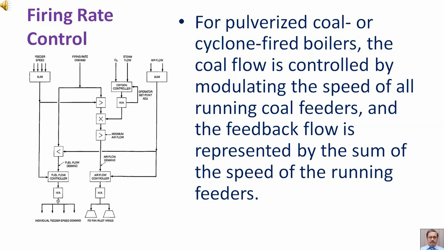For pulverized coal or cyclone fired boilers, the coal flow is controlled by modulating the speed of all running coal feeders, and the feedback flow is represented by the sum of the speed of the running feeders.